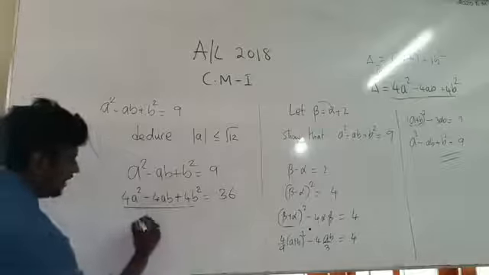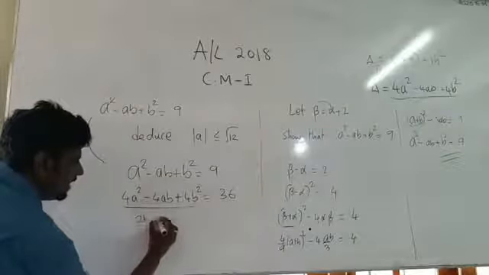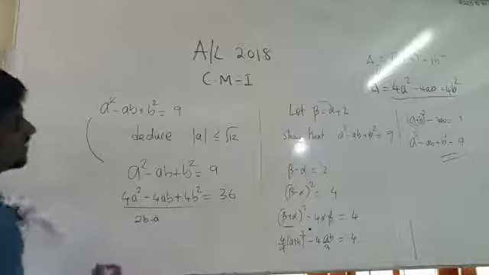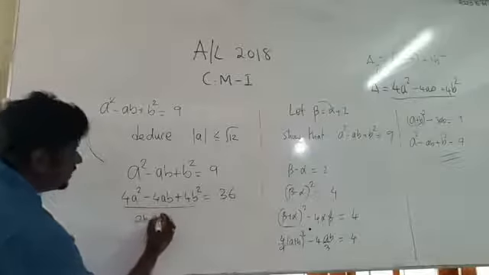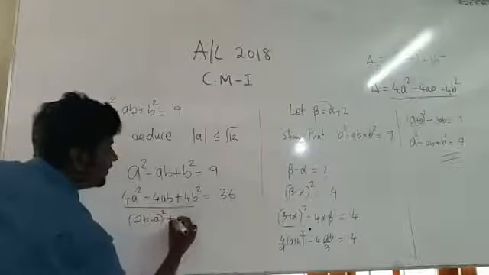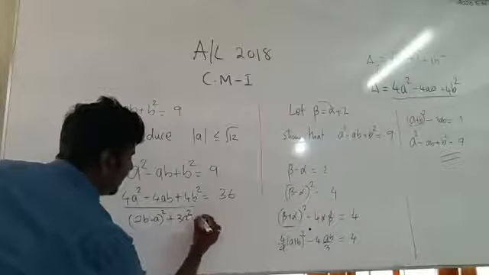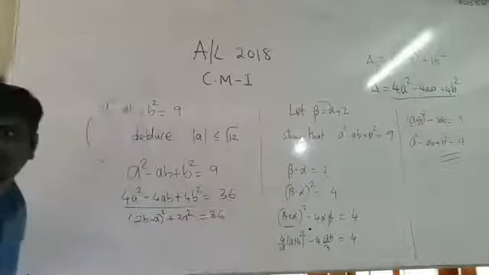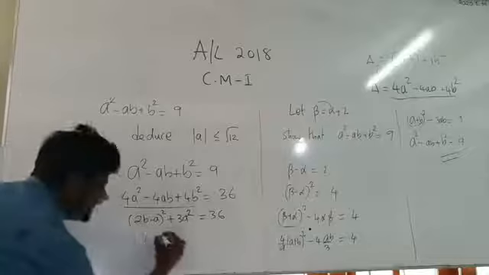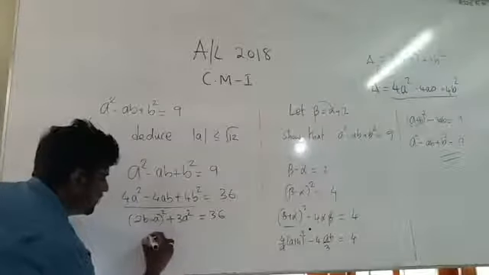Now I am going to write that 2B minus A all things square plus 3A square equals 36. Correct? Now I'm making this the subject.